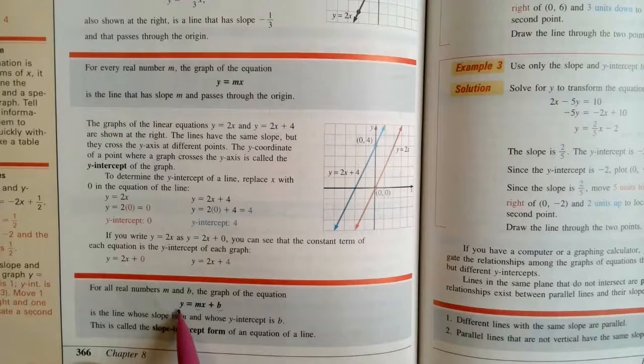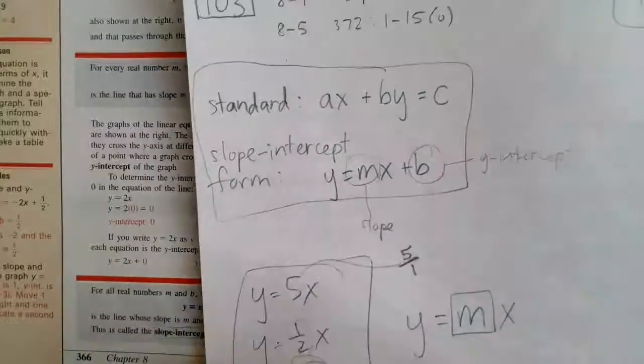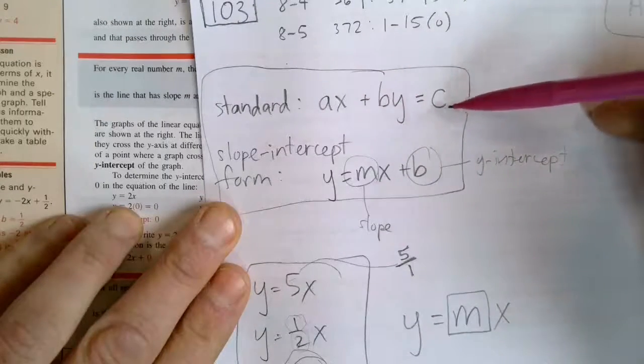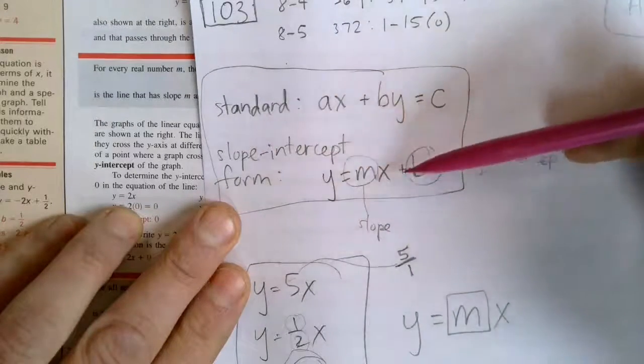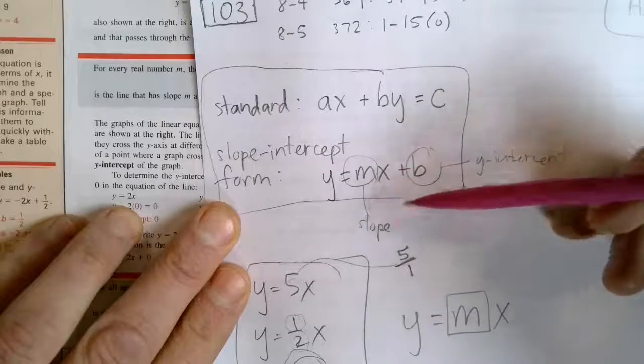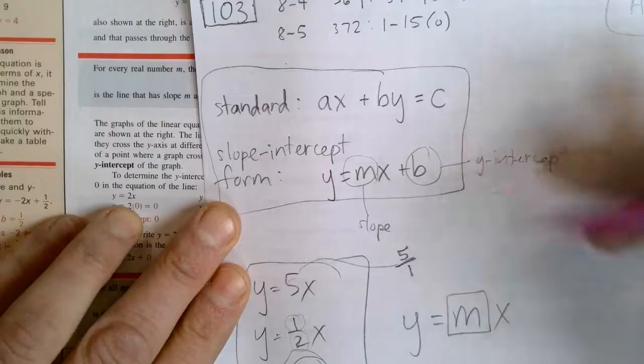This form of a line is called the slope-intercept form. So now, there it is. One more time. We have the standard form of a line, ax plus by equals c, and the slope-intercept form, y equals mx plus b. m is the slope. b is the y-intercept. Okay, let's see if we can use this and make some sense of it.